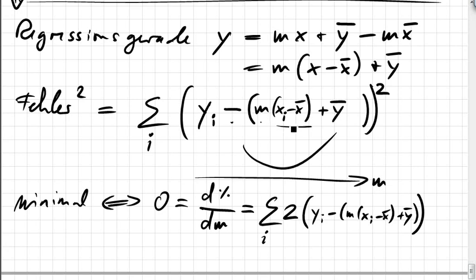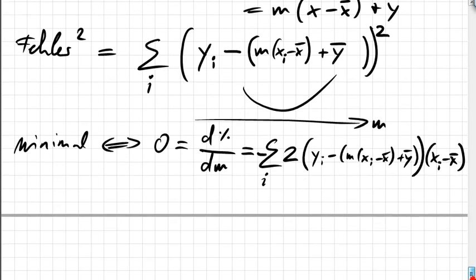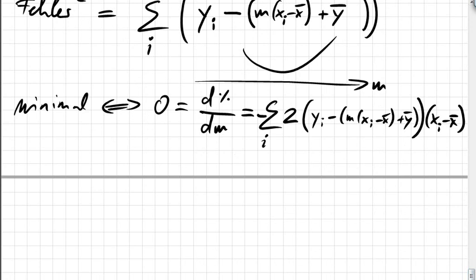That's the factor in front of the m. So we've got times minus, I put that minus in front, xi minus average of x. That's the derivative with respect to m. And I know if that's 0, I found the minimum, and there's just one. Local minimum, and that's already the global minimum.